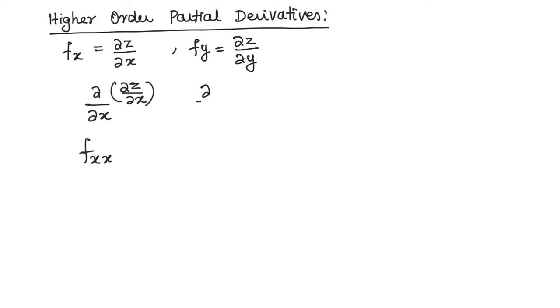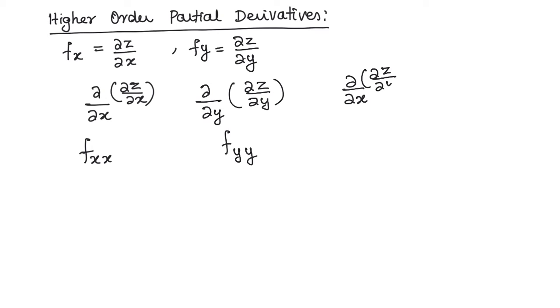And this one, if you are differentiating with respect to y again, this is the notation for that. Or we can differentiate this with respect to x, right? The same thing we can differentiate with respect to x.